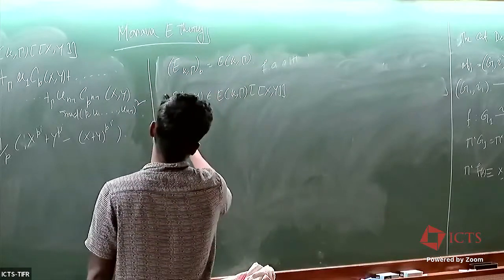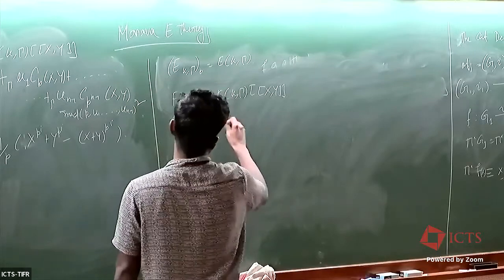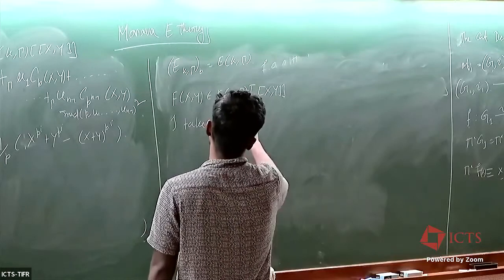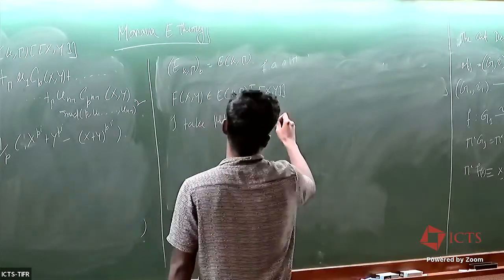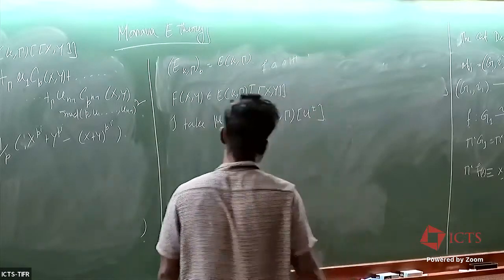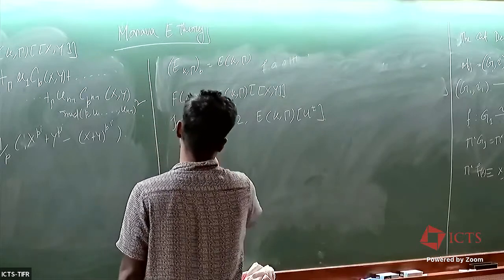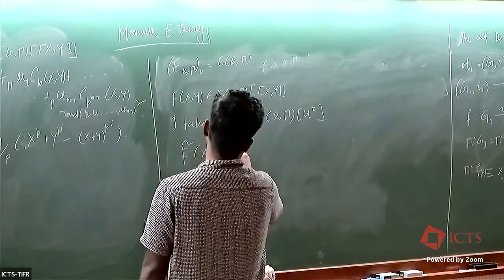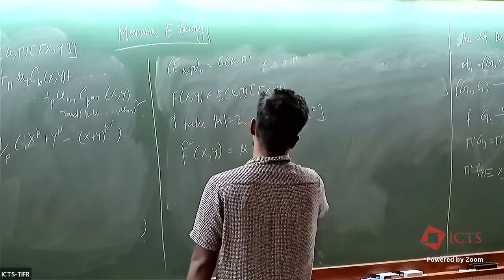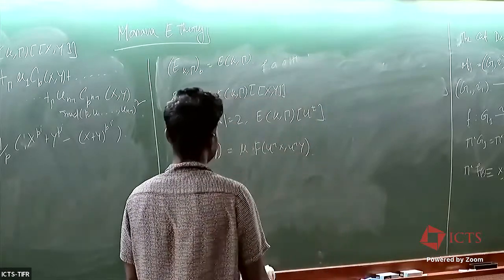So what do we do? I take u, which is a formal variable. So I take |u| = 2, and then what we do is E_K^Γ[u], and you invert this guy. And now you define your F tilde(X, Y) to be u F(u^{-1}X, u^{-1}Y), this guy.